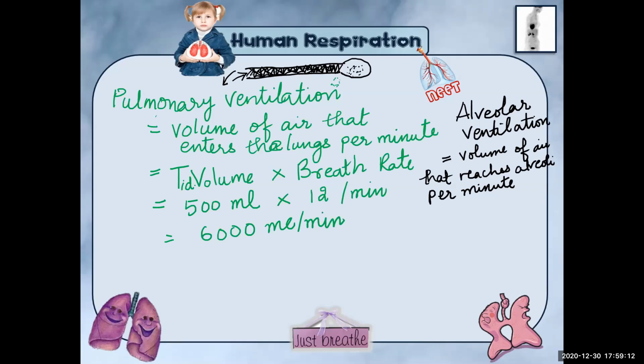It's called anatomical dead space. Anatomical dead space is the volume of air present in the tubes. They don't reach the alveoli.